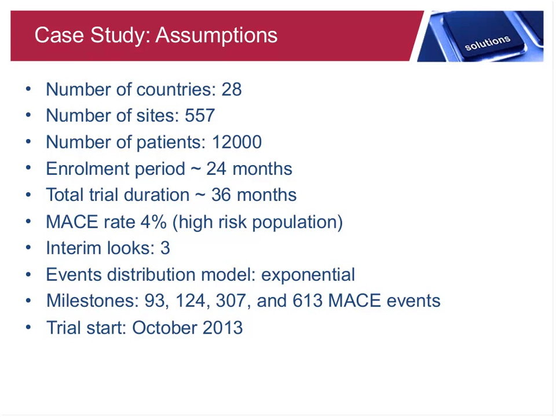If you look at the SAVOR study, as I mentioned before, the MACE rate in this population appeared to be close to 4%, 3.6, 3.7% or so. If you look at EXAMINE, it was higher, but it was an ACS population.